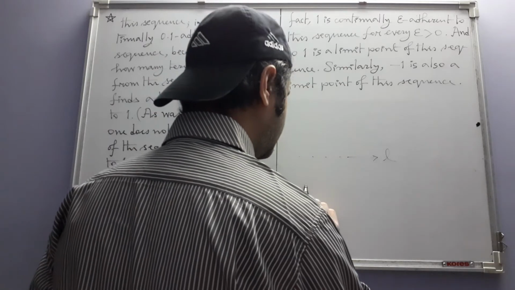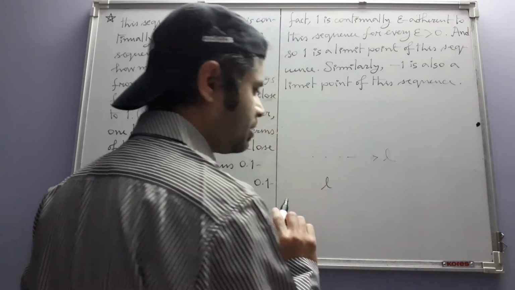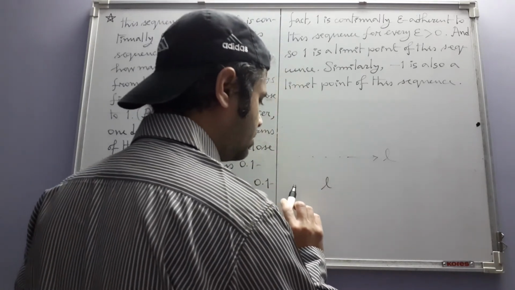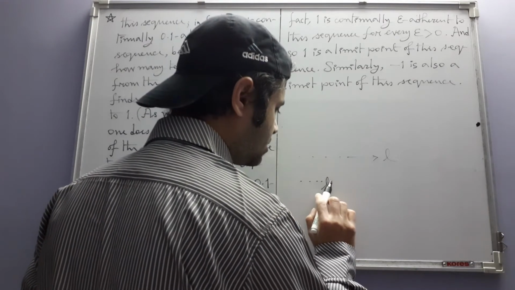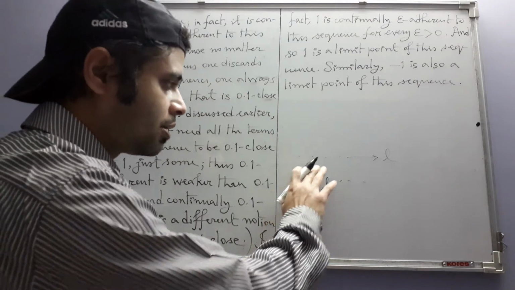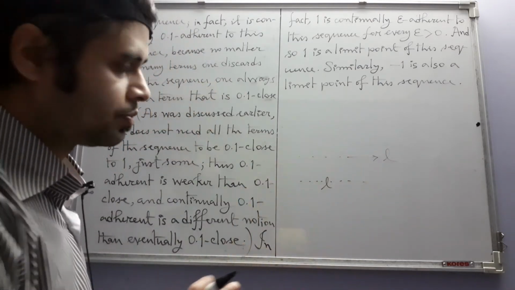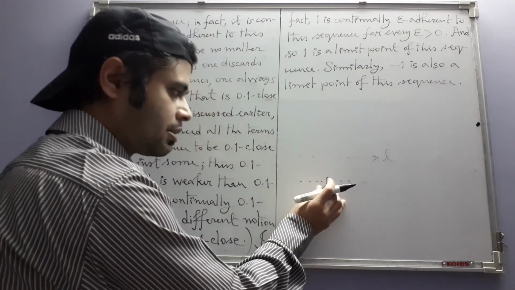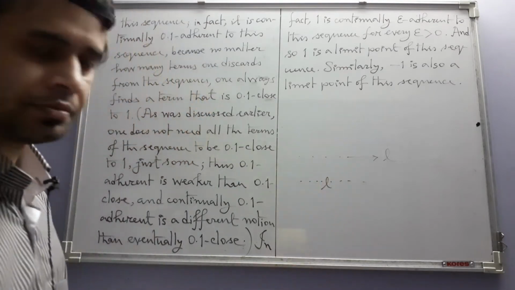When we say that L is a limit point of a sequence, then the terms get close to L, but not in that manner. A part of the sequence gets close to L.